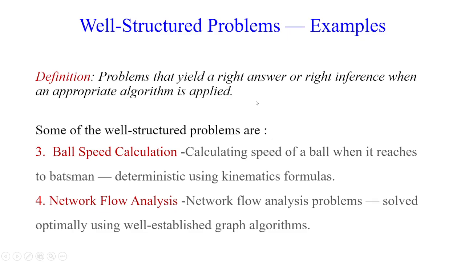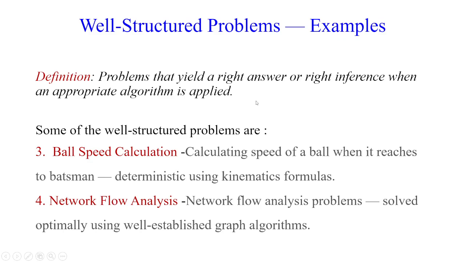Fourth one is the network flow analysis. In computer science and telecommunication, network flow problems involve finding the optimal path or maximum data throughput in a network. These are solved using well-established graph algorithms, like the Dijkstra algorithm and the Ford-Fulkerson method. Likewise you have different algorithms, and these algorithms reliably find the best solution every time.